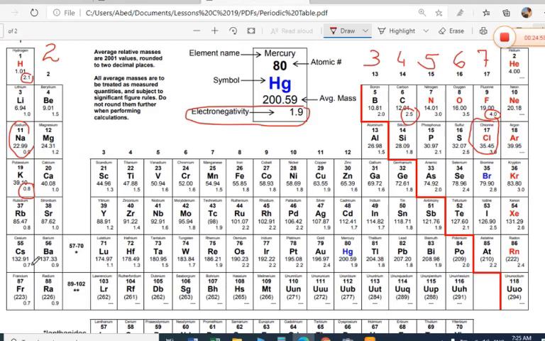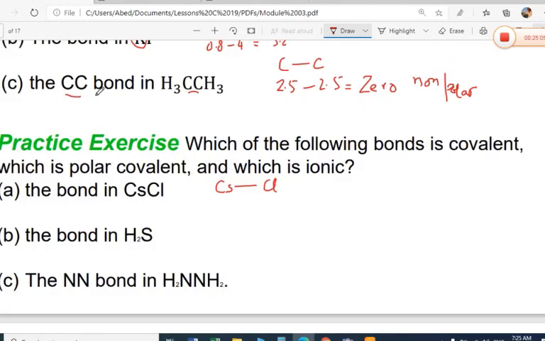Cesium here is 0.7 and chlorine is 3. So 0.7 minus 3 will be 2.3, I think. So this is more than 2, so this will be ionic. This is the calculation. But cesium is a metal, a heavy metal, so this is already ionic. But we show the calculation here.